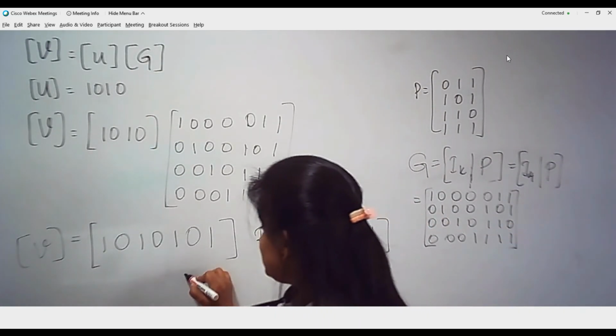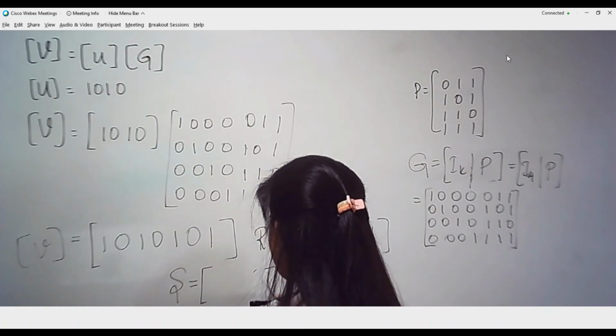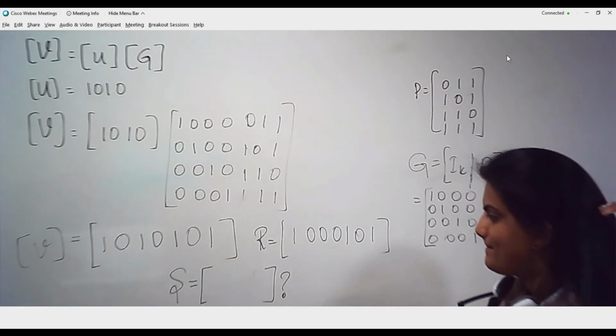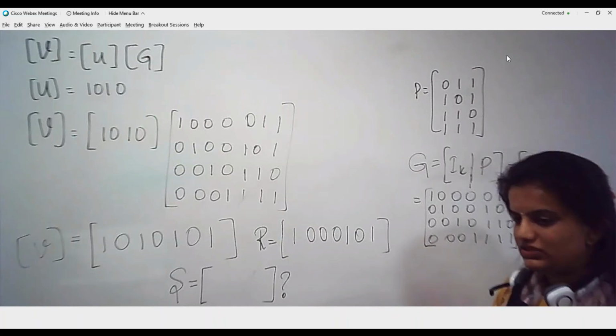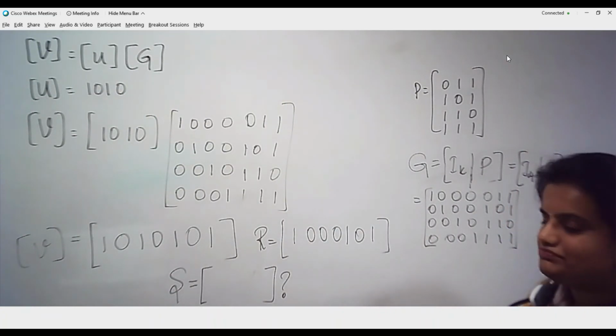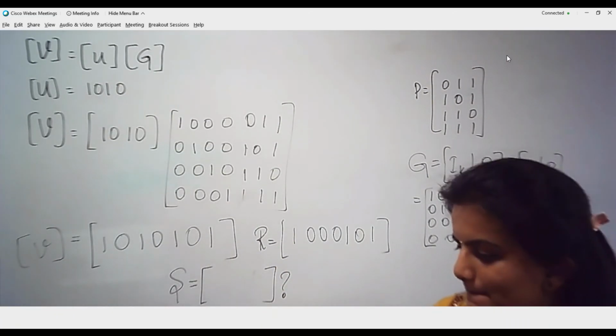If R is this, what will be its syndrome? Will you try and tell me within 2 minutes, because still we have time. Which bit has gone in error?